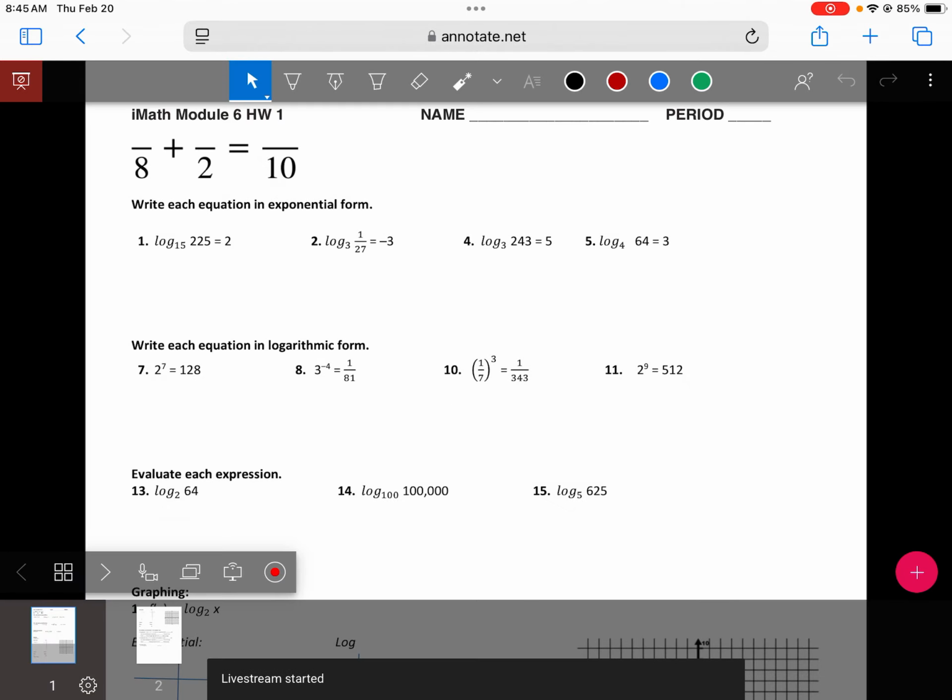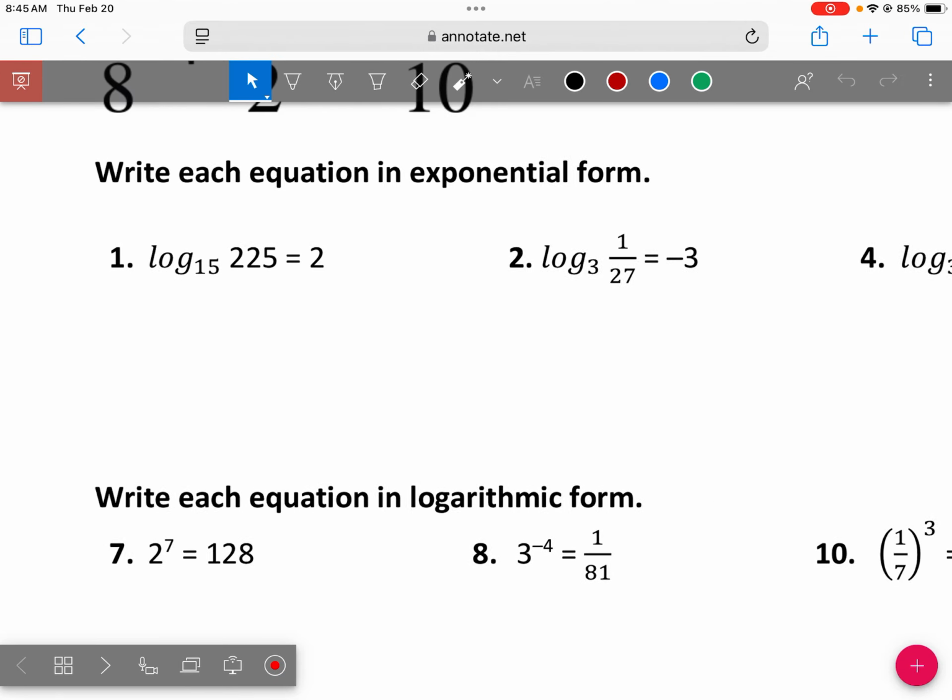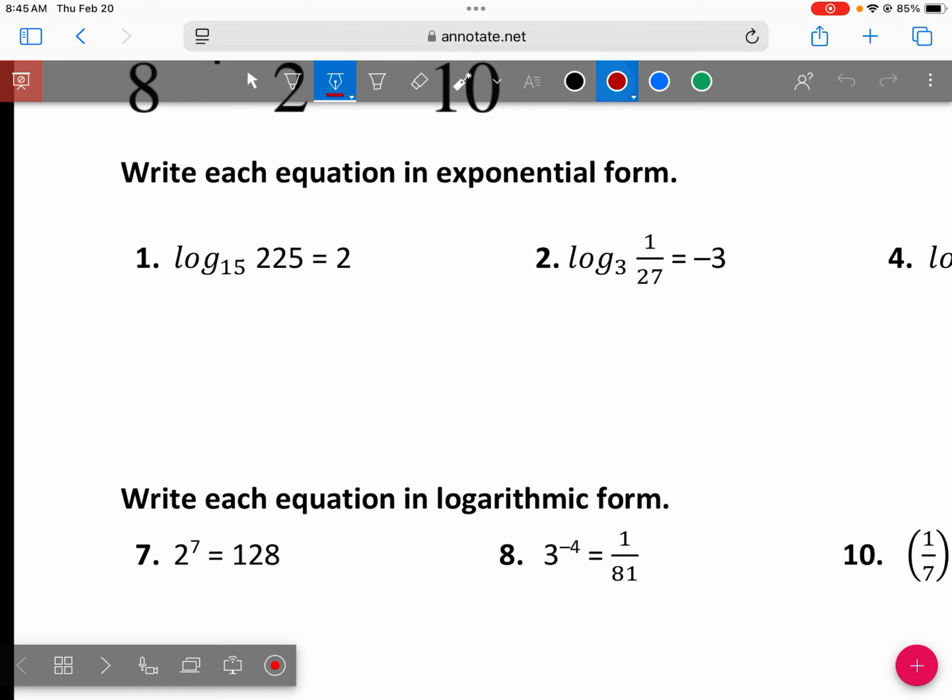So, let's do the first one. If I had to rewrite number 1 in exponential form, what's the base of my log? 15. You go across the equal sign. This is your exponent.